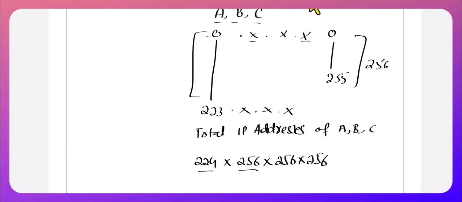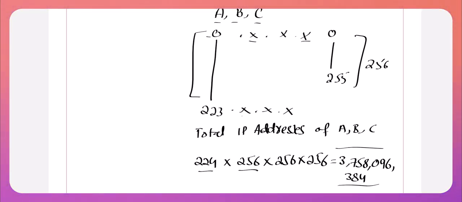We have 3 octets: 256, 256, 256. The total number is around 3 billion, 7,058 lakh, 96,384. So this is the total number of addresses available in class A, B, and C.